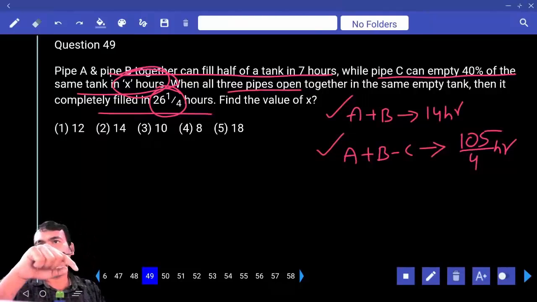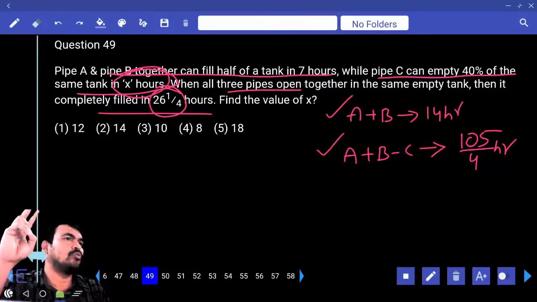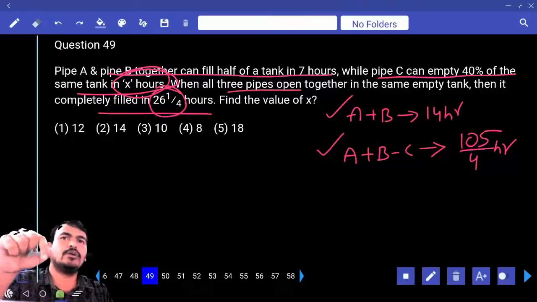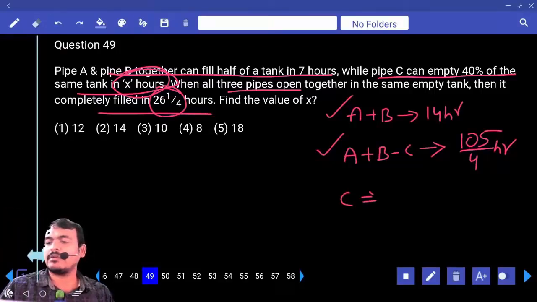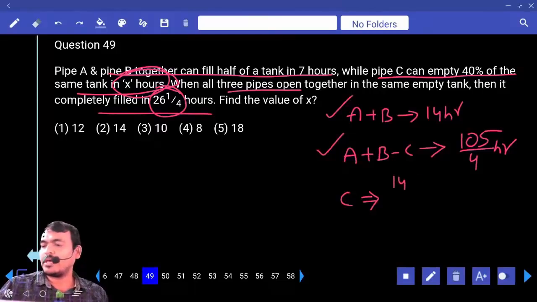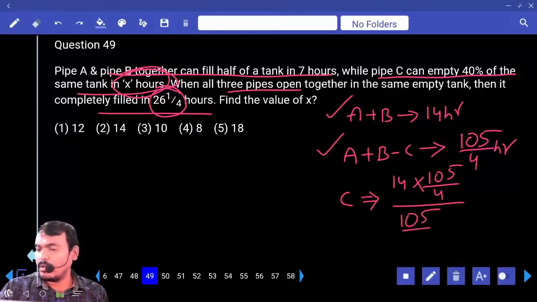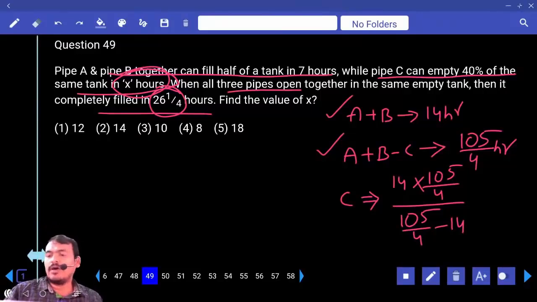We need to identify the third pipe by subtracting. One is 14, another is 105 by 4. Productive by difference, 105 by 4 minus 14. Minus 14 means 4 into 14 is 56.